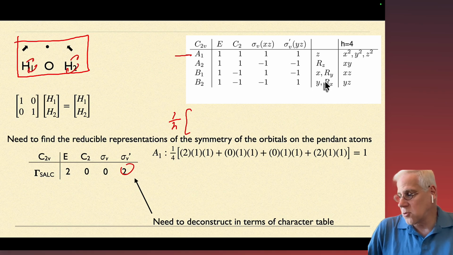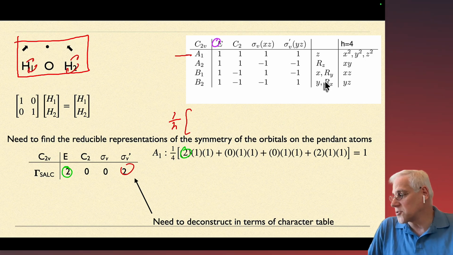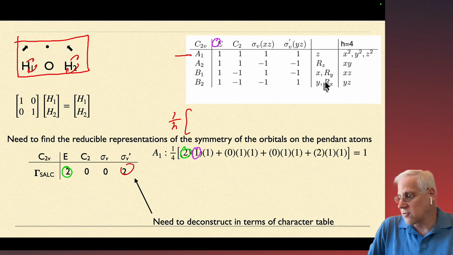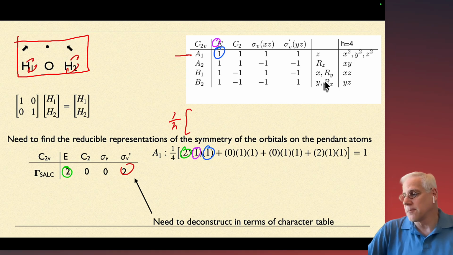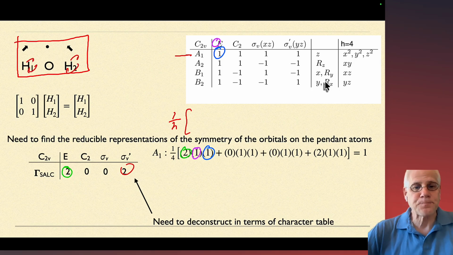And where these 2, 1, and 1s come from, the 2 comes from here. One of those 1s comes from here. I've got to figure out which one is which. Yeah, that one, from there. And then this one, let's pick a different color. We'll do blue. This blue comes from here. Okay, so we just go through all of those and see what we end up with.